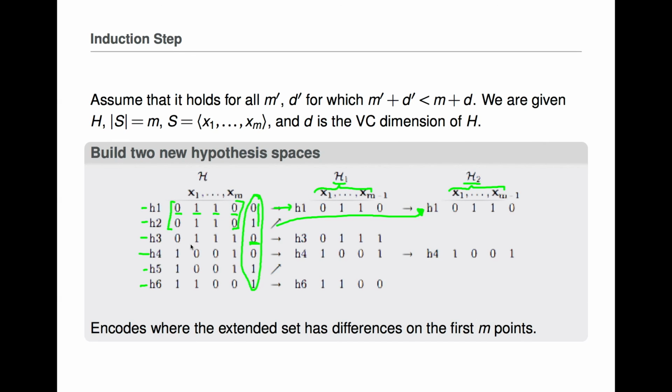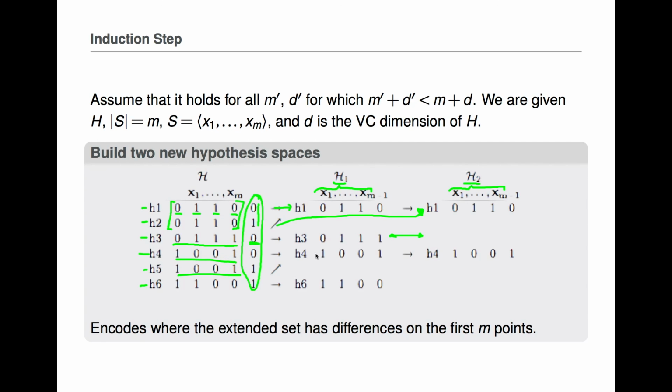If we have an mth example that is consistent with all of the previous m-1 examples, we only need to create one entry. It can go arbitrarily either in big H1 or in big H2. So this could have gone here or here, but we'll just put it here for the sake of simplicity. Here's another case where we have disagreement.